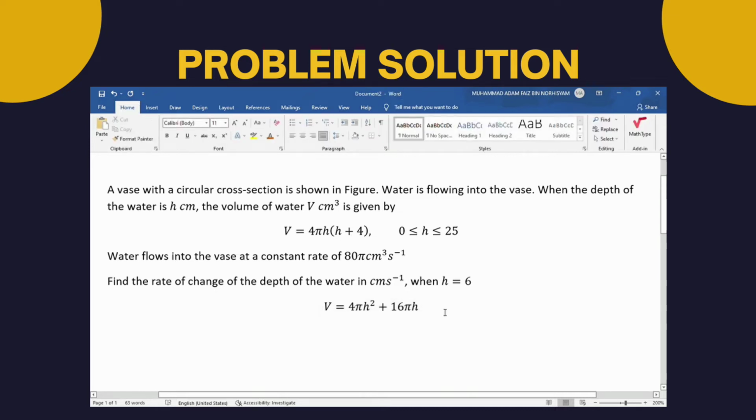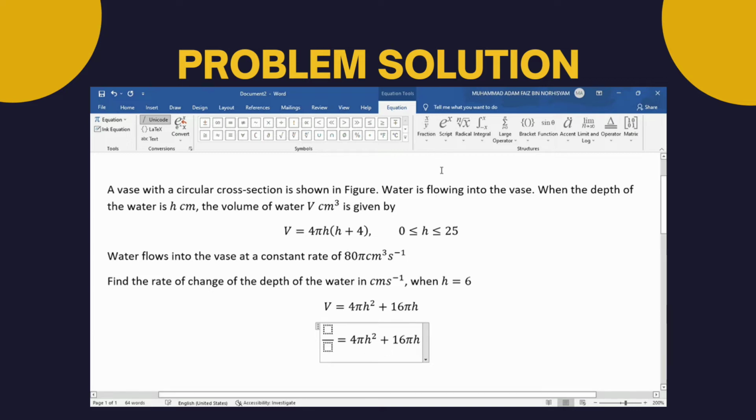Now we have to differentiate volume with respect to h. It will be dV over dh. If we differentiate 4 pi h squared, we will get 8 pi h.